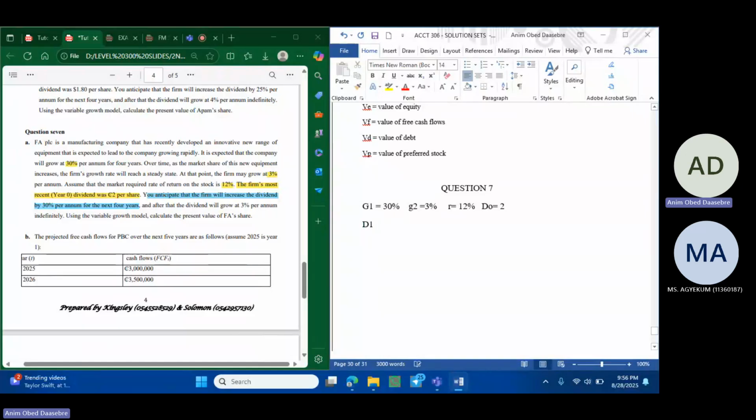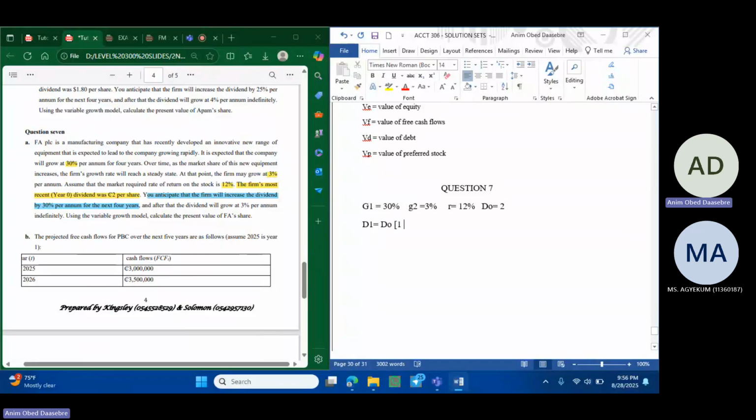To find our D1, this is the formula we are going to use. D naught, we are using the future value formula to grow the dividends into the future.